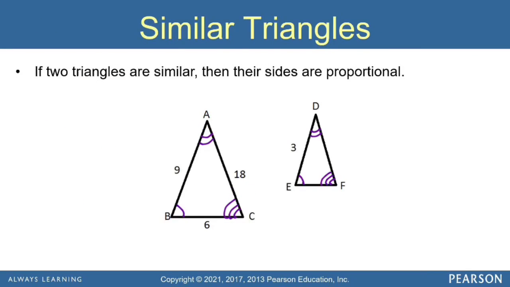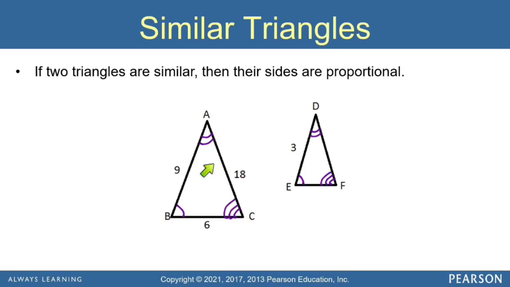Now if two triangles are similar, not only will they have three pairs of congruent angles, but their sides will be proportional. So if two triangles are similar, then their sides are proportional. Let's take a look at these two triangles.